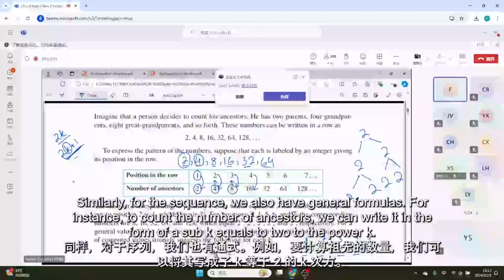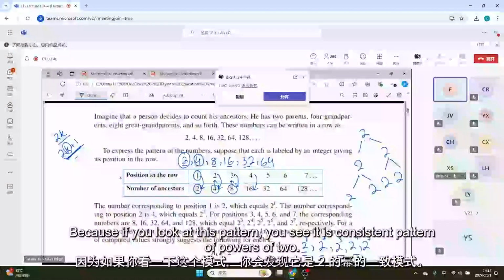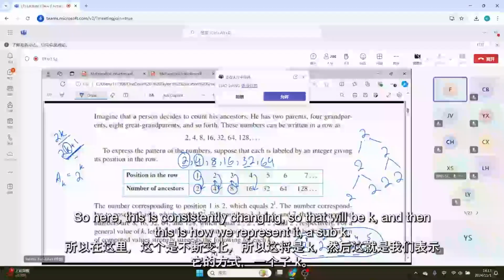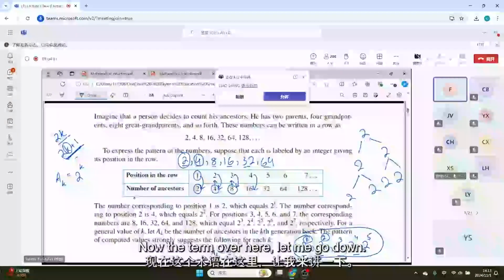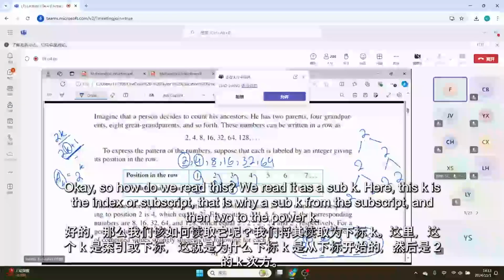For instance, to count the number of ancestors, we can write a sub k equals 2 to the power k, because this is a consistent pattern of powers of 2. Here k is consistently changing, and this is how we represent it, a sub k.